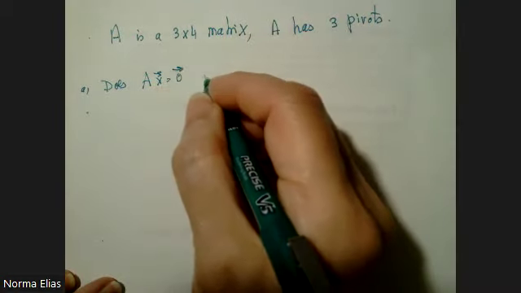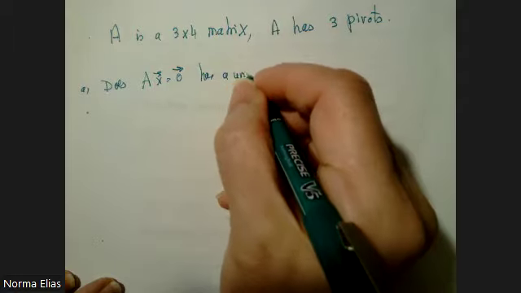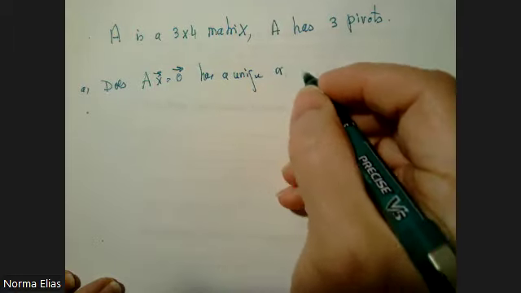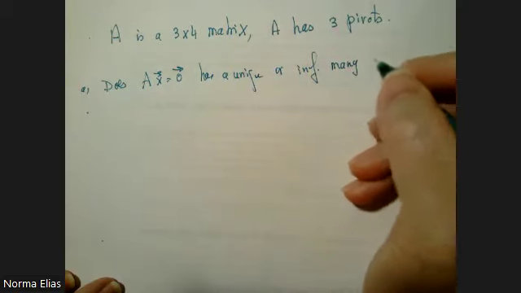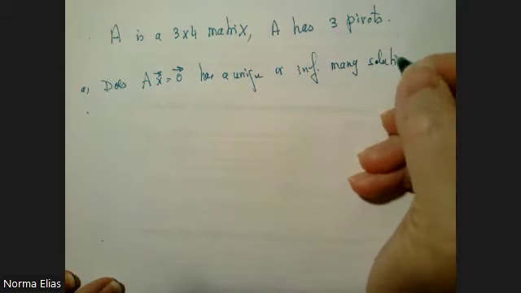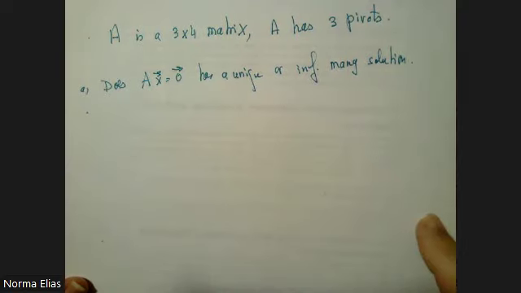Does AX equal to 0 have a unique or infinitely many solutions? Draw the matrix in your head. You see 3x4. It has 3 pivots. Try to have a picture.